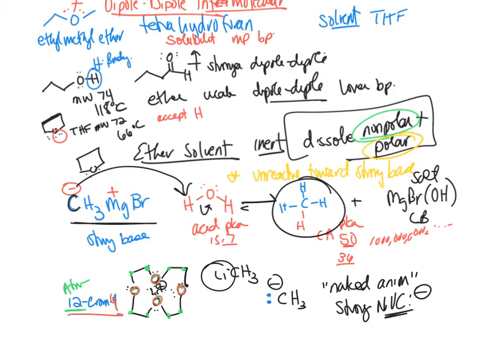And so it's called 12 crown 4 if you were to order this. And it will solvate lithium because lithium has a certain size. If you want to solvate potassium, potassium is bigger, larger, and you would need something like an 18 crown 6. And you can see 18C6 to solvate potassium.